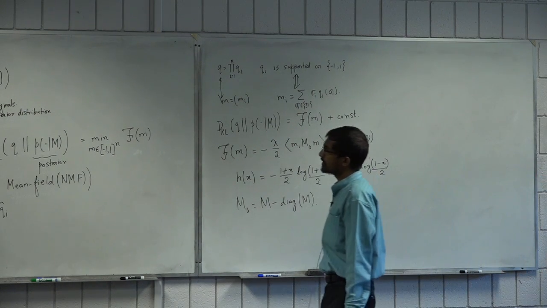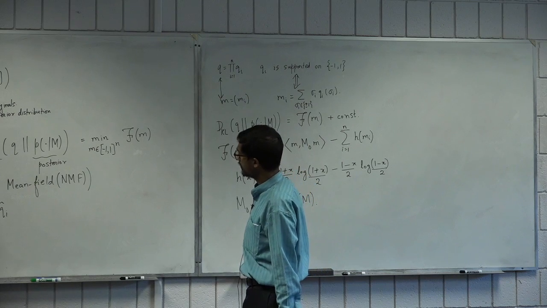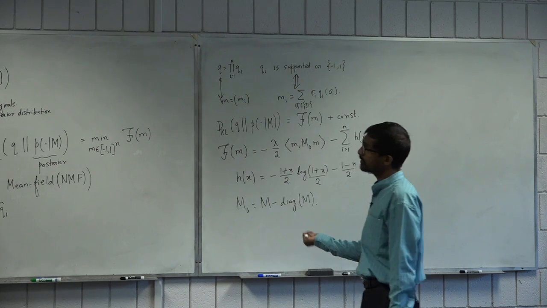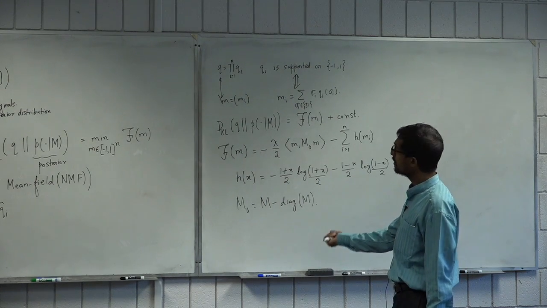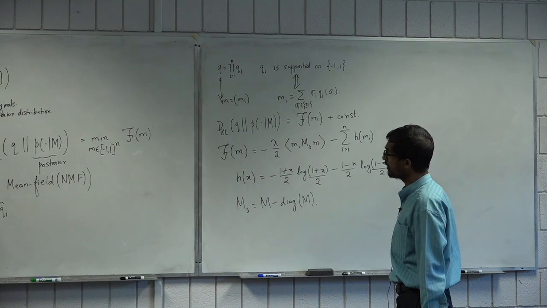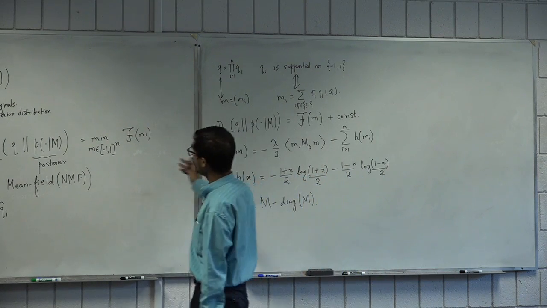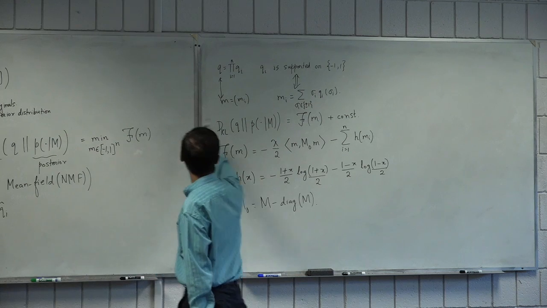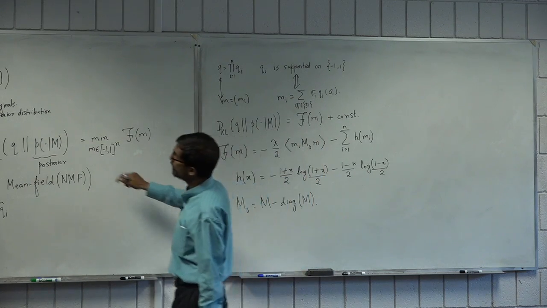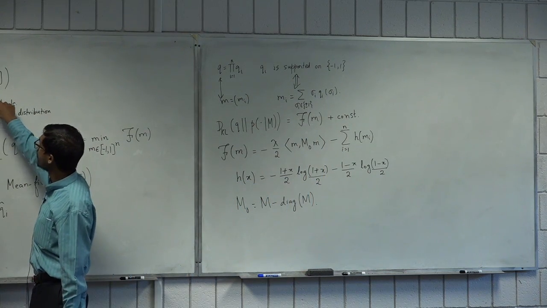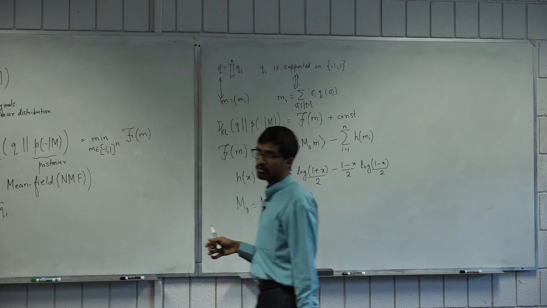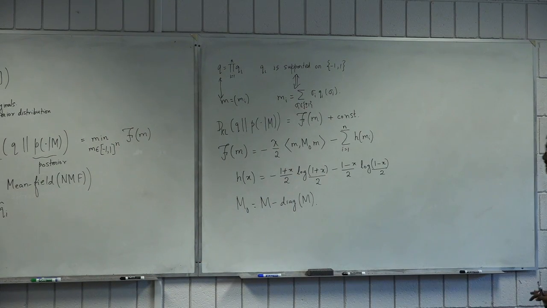If you believed this heuristic, you would get some initialization, run maybe something like gradient descent on f_m, and get m. Once you get m, you know what the q_i's are, and we can then calculate what this function would be. That would be the strategy.